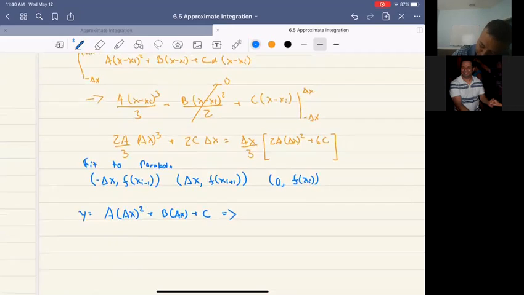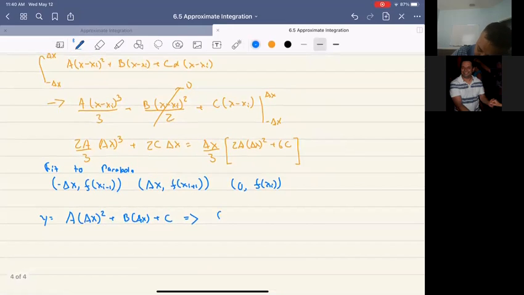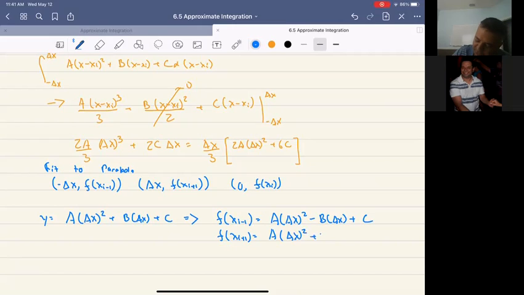We get f of x_{i-1} equals a times delta x squared minus b delta x plus c. f of x_{i+1} equals a delta x squared plus b delta x plus c. Let's add these two together.